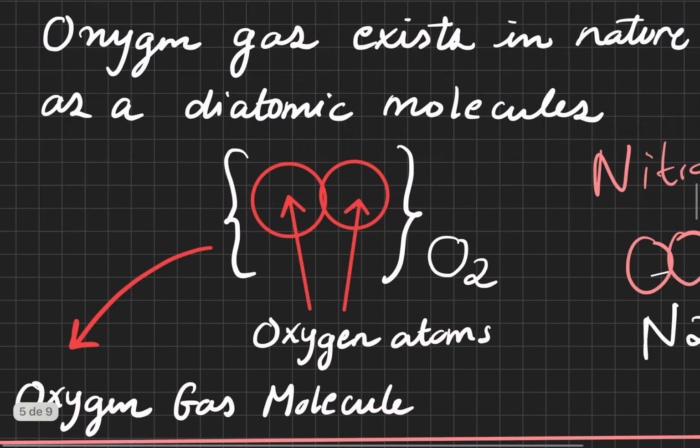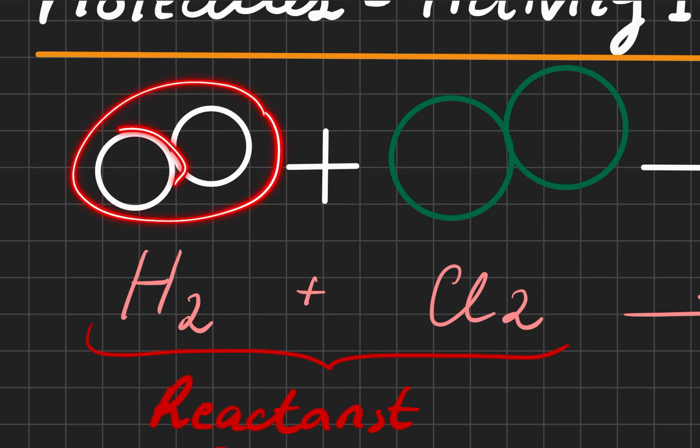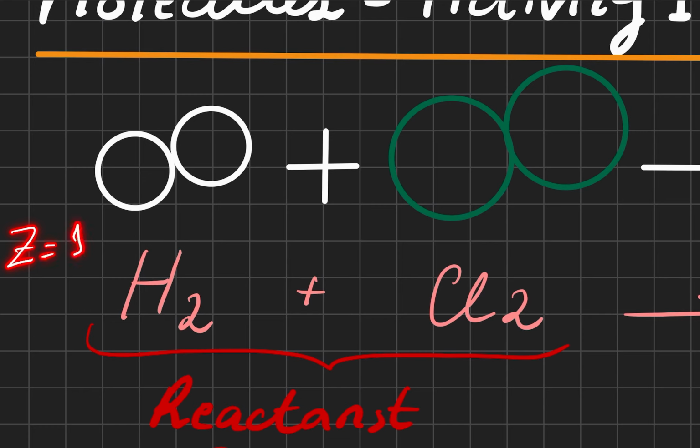So this hydrogen molecule here contains two hydrogen atoms. Each hydrogen atom has Z equal to 1. Let me write them down. So it has two hydrogen atoms and the Z of the hydrogen atom is 1.